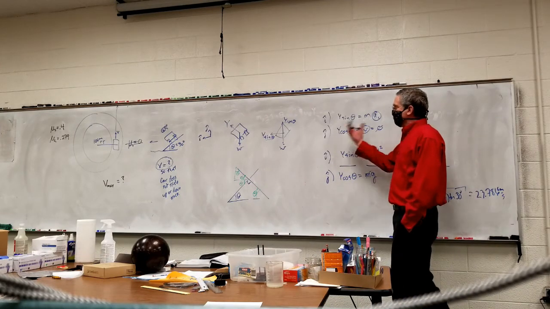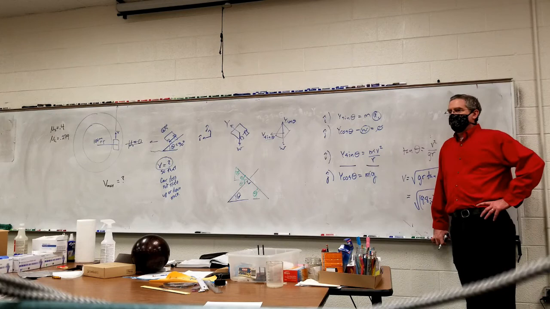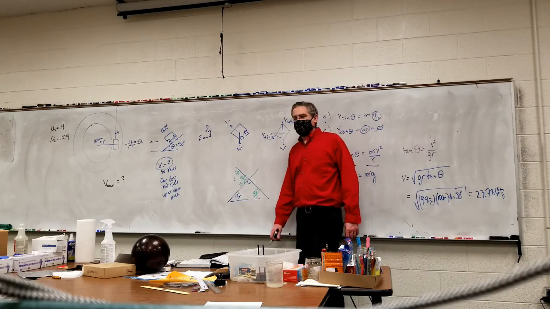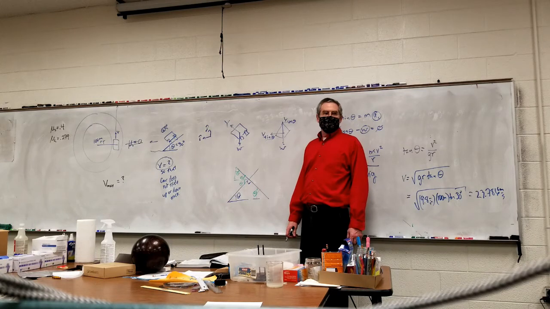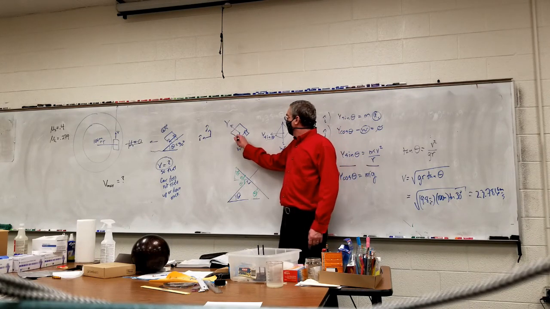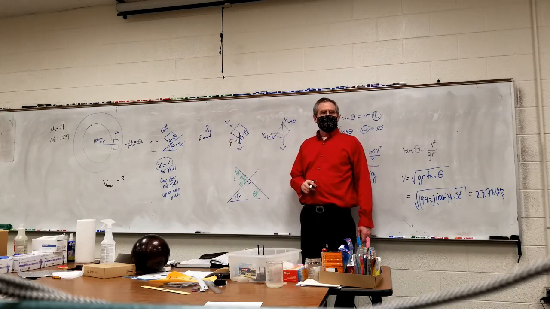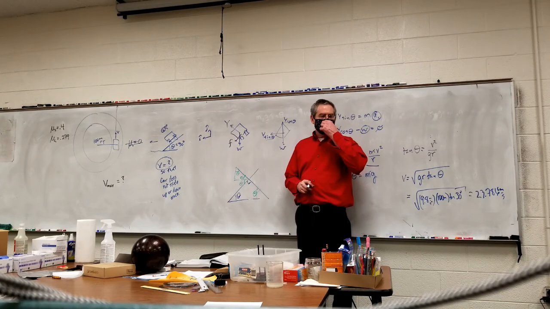So what changes? All right, so where does friction go? Against the ramp or against the car. Going that way? Yeah. All right. So I have friction, static or kinetic? Well, it's already moving, so kinetic.